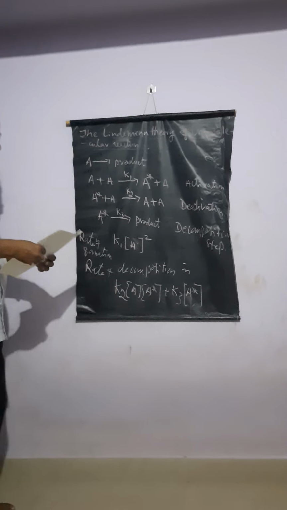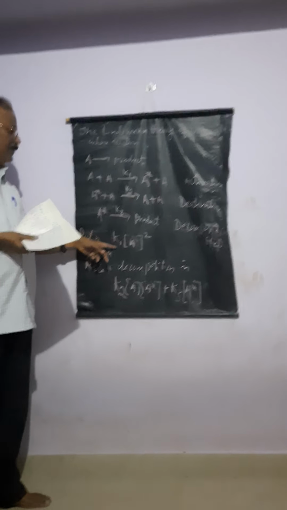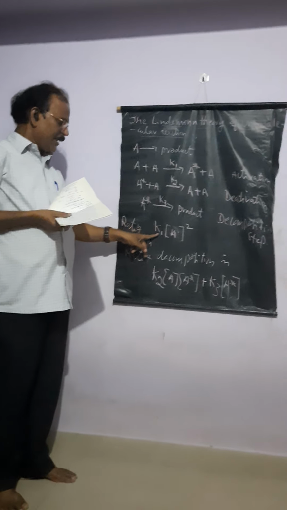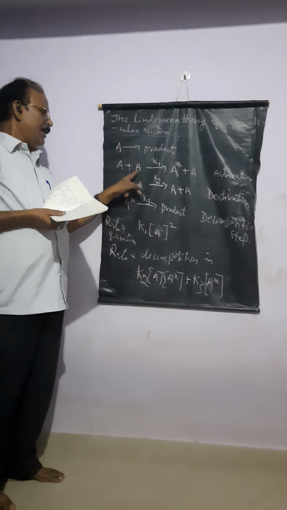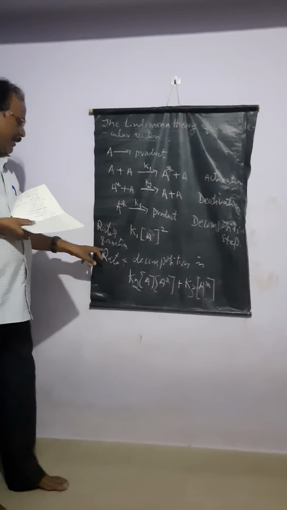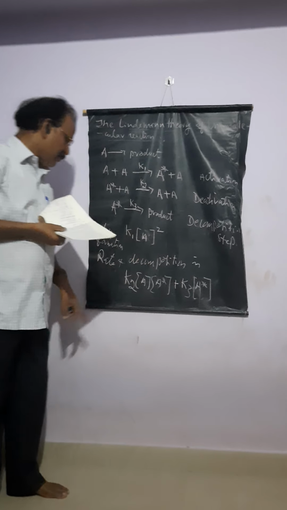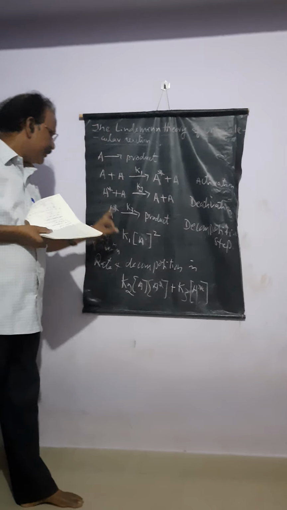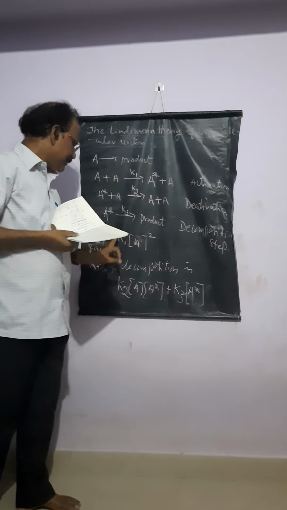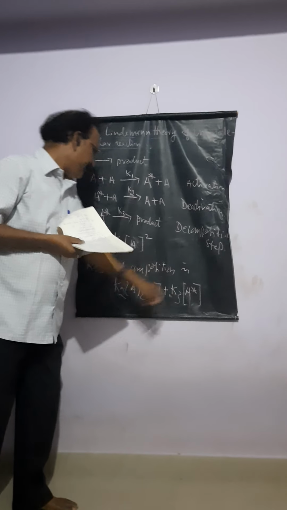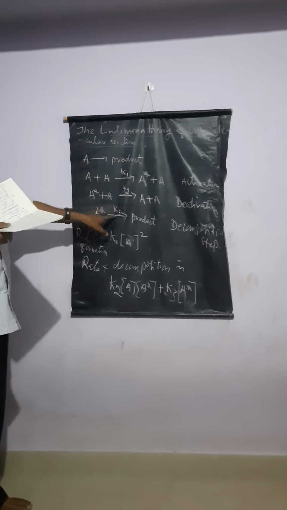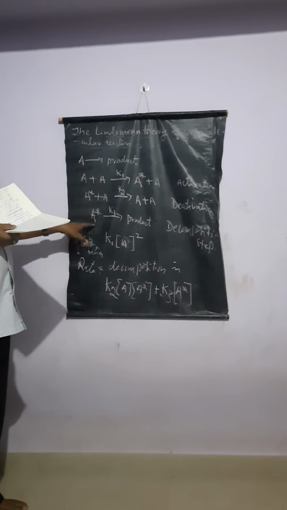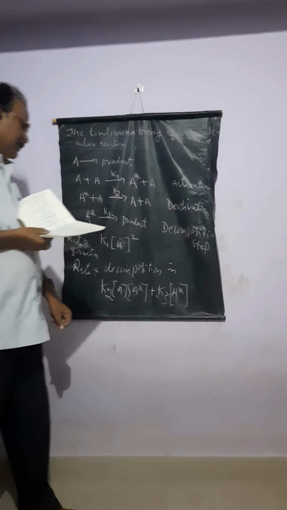That is, the rate of formation of activated complex is K1 into A square, and the rate of decomposition is K2 into concentration of A star into concentration of A plus K3 into concentration of the reactant A star.